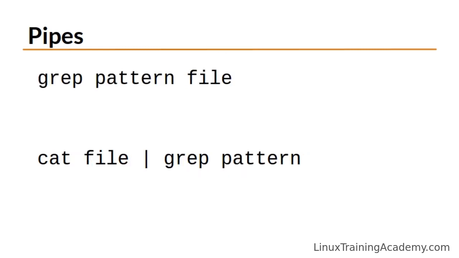Here is a common pattern that you'll see often in Linux. There are several commands that allow you to specify a file on the command line that is to be used for input. With grep, for example, you can run grep, followed by the pattern, then followed by the file to use as input. If you don't supply a file name, then the command will use standard input. grep pattern file is the same as cat file | grep pattern.